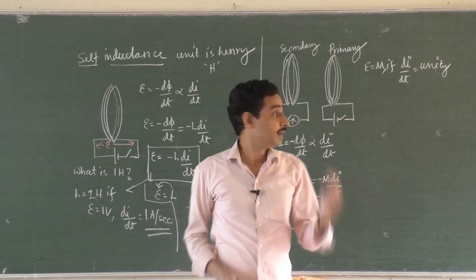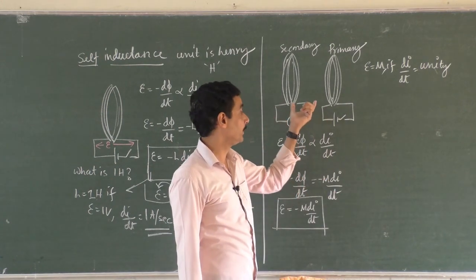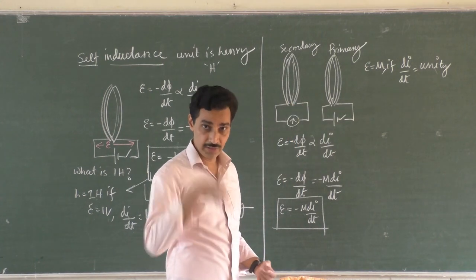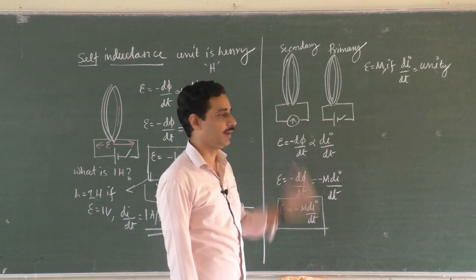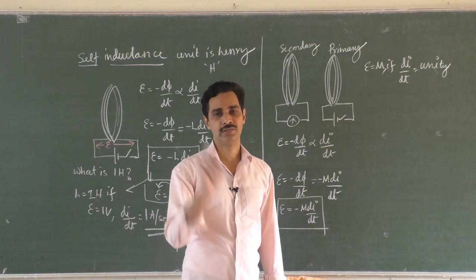You should be very particular here. This is the secondary, this is the primary. Mutual inductance between a pair of coils is the EMF induced in the secondary coil when the rate of change of current in the primary coil is unity.